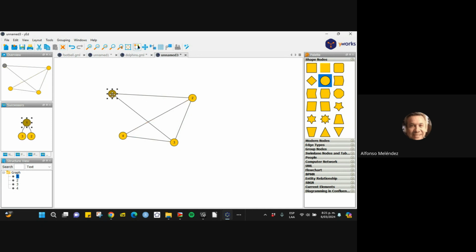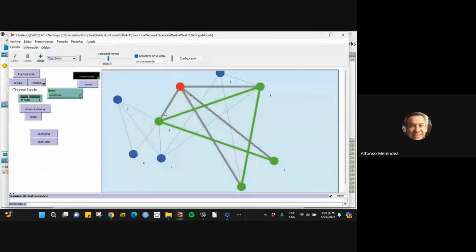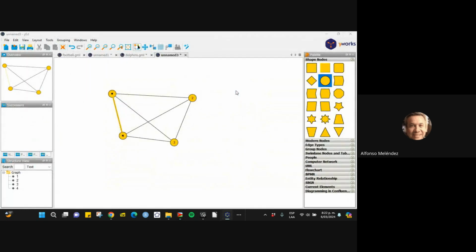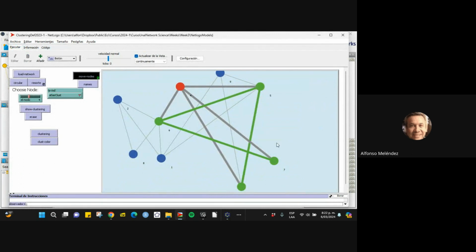Okay? It's clear? 6 connections. How many connections are between these 4 nodes? 1, 2, and 3. 3 out of 6 possible. 5 and 7 are not friends. 3 yes and 3 no. So the clustering coefficient of this node is 50% or 1/2. Okay? 0.5.